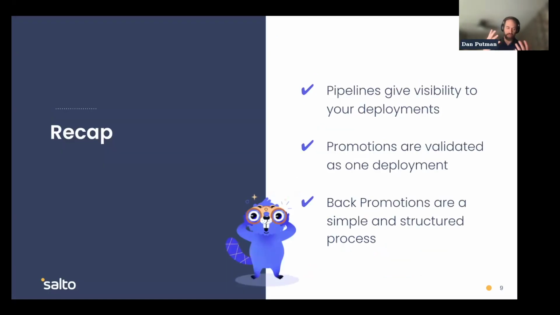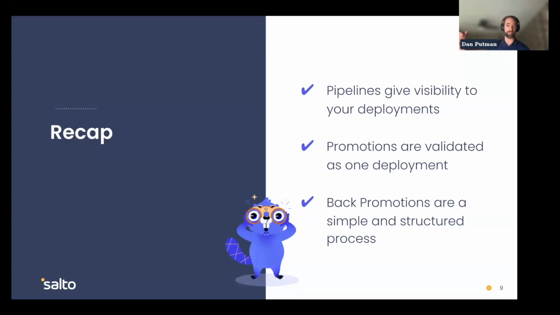Remember, to recap what we've done today, these pipelines give you visibility into your deployments, your promotions. Where is the work in your system? That's the goal of the pipelines, show you where it is and help you get it to the spots it needs to be in. When we're validating, whether it's a back deploy or a promotion forward, we're going to check everything as one deployment, run the tests against it, do the Salesforce validation, check dependencies.